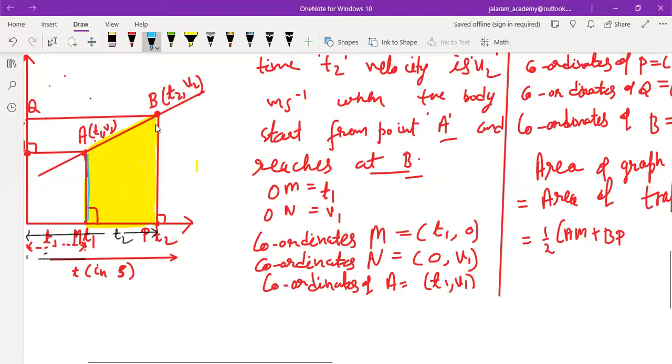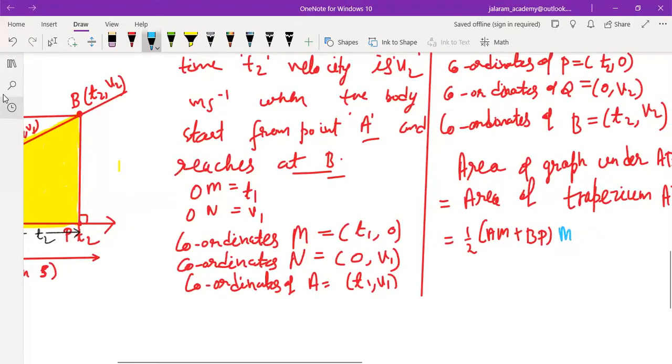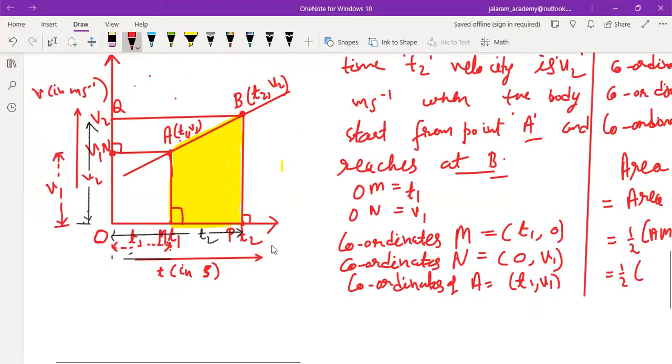AM and BP are the parallel sides into distance between them is MP. So we write distance between them MP equals to half into AM.